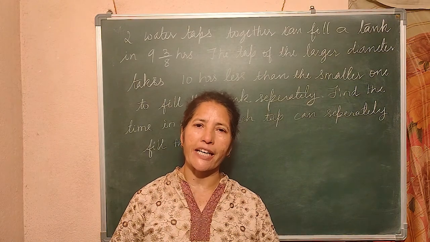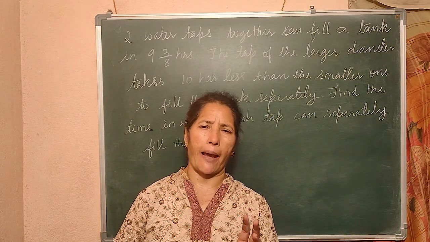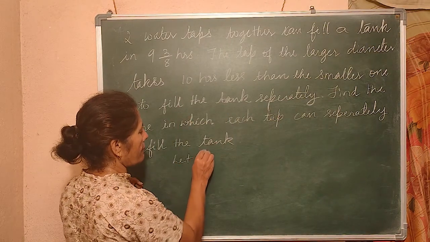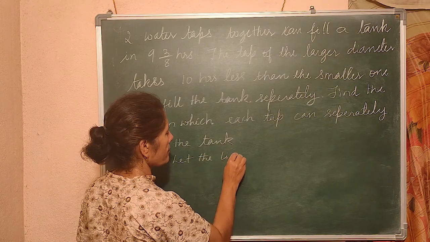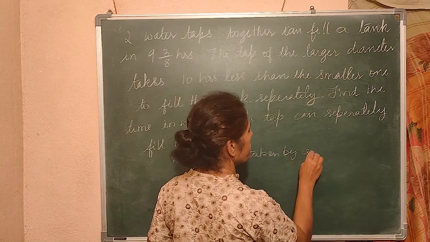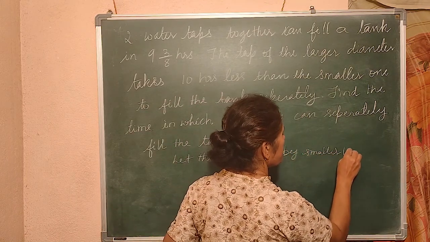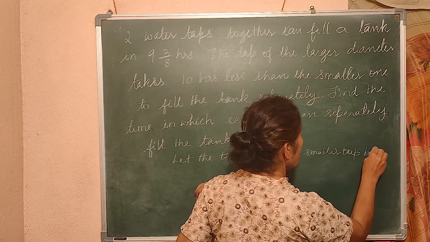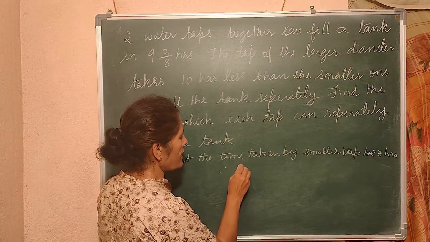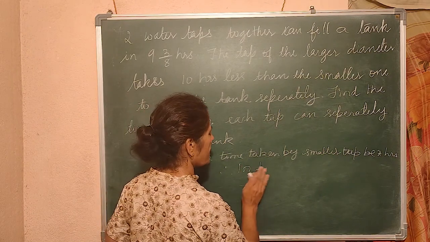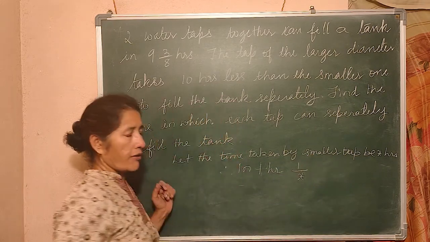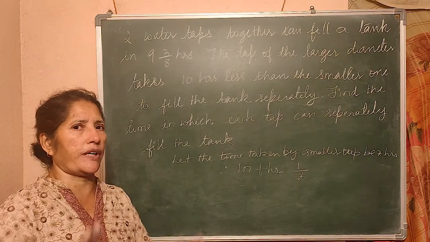Let the time taken by the smaller tap be x hours. Therefore, in 1 hour, how much work does it do? 1 by x of the tank is filled.